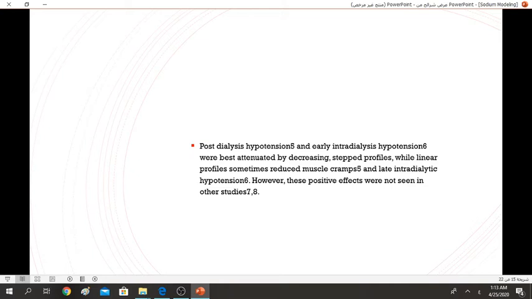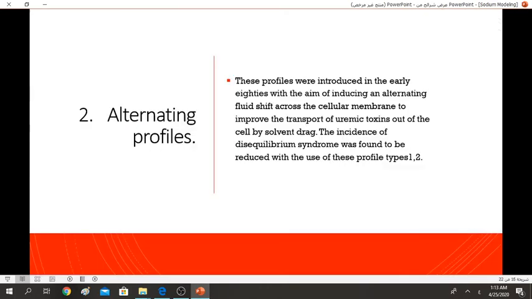Post-dialysis hypotension and early intradialytic hypotension were best attenuated by the decreasing stepped profile, while the linear profile sometimes reduced muscle cramps and late intradialytic hypotension. However, these positive effects were not seen in other studies.